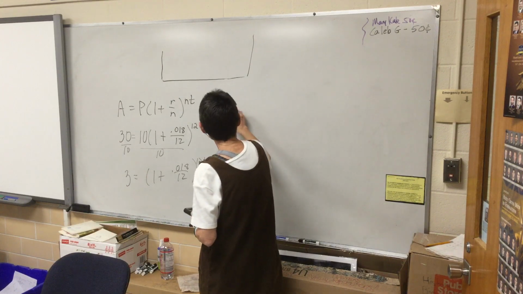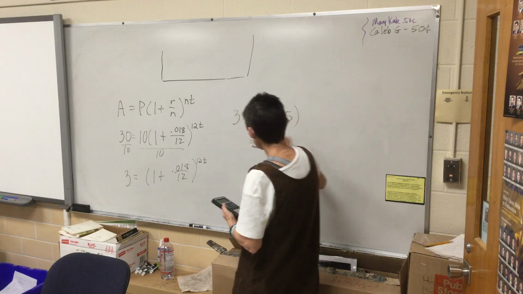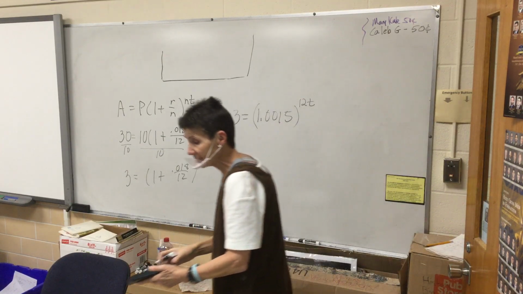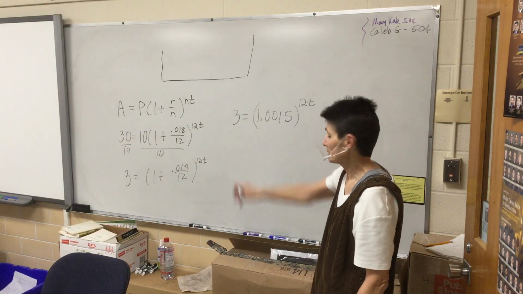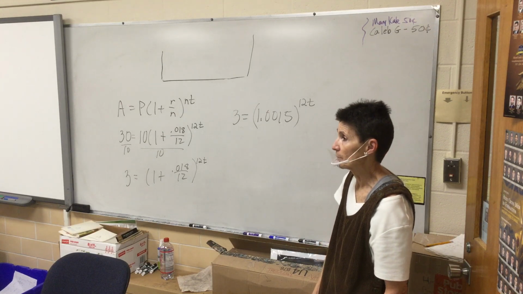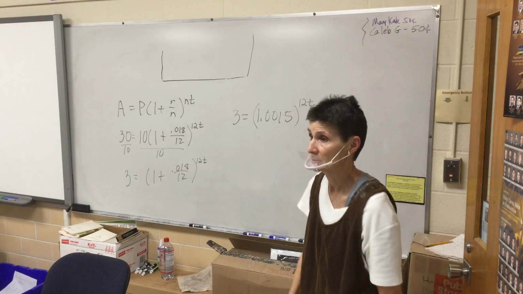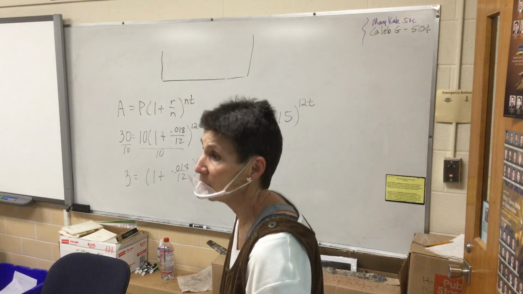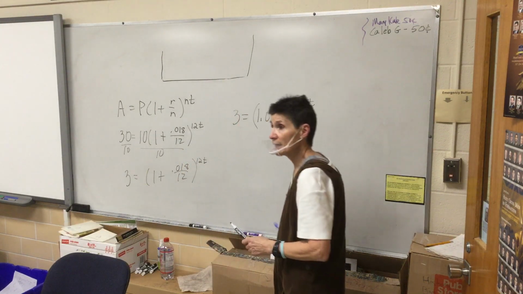I went ahead and made that a decimal, so it's 1.0015 to the 12t. If I can't make it a decimal, then I'm just going to have to leave it. But luckily I can make it a decimal. Now, look where my variable is. How am I going to solve? Got to take the logarithm. Now I'm going to LOG, you are free to LN.